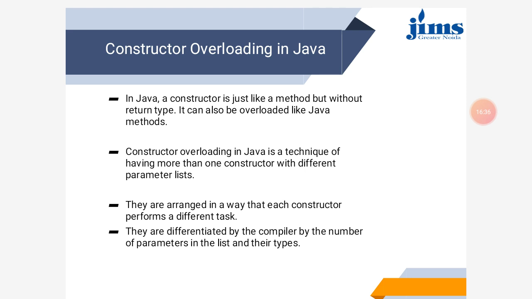Similarly, if there are many constructors in any program, and based upon the type and number of parameters, a constructor is called, then we call this process constructor overloading. So in any class there may be one or more constructors, and based upon the calling, it calls the constructor. So we call this constructor overloading.